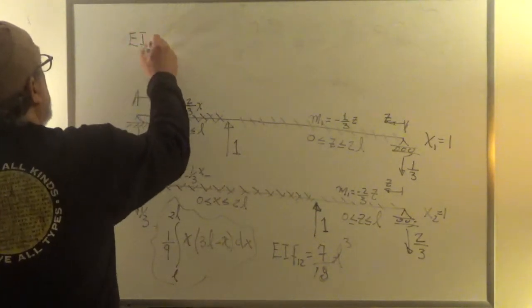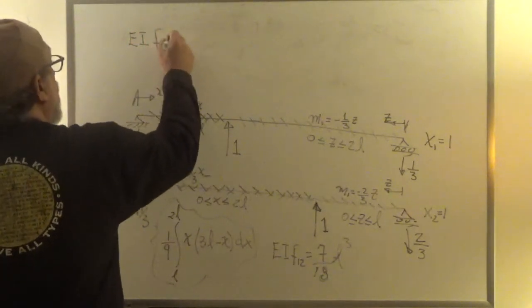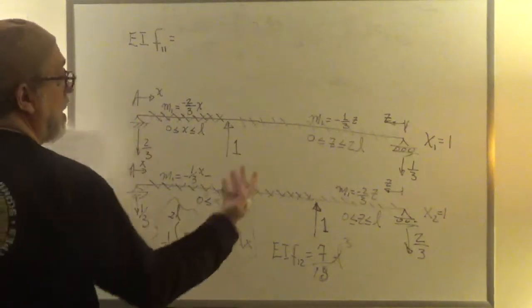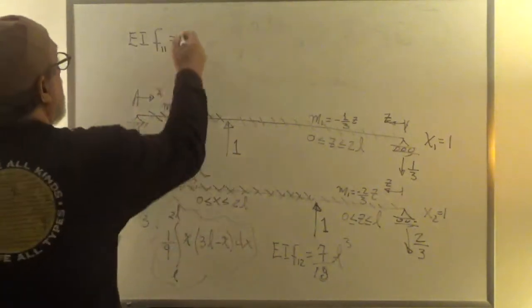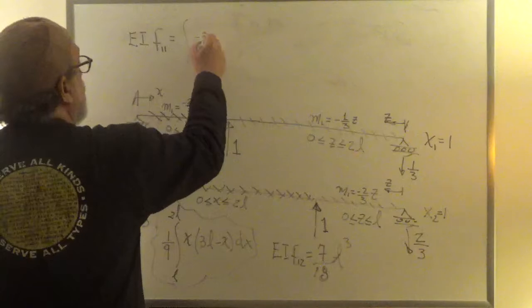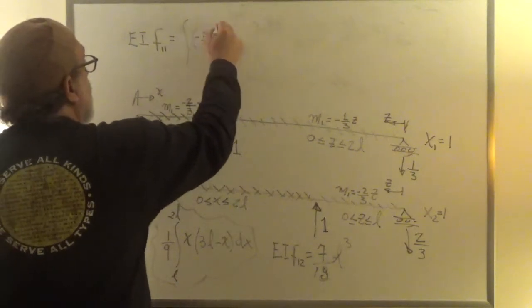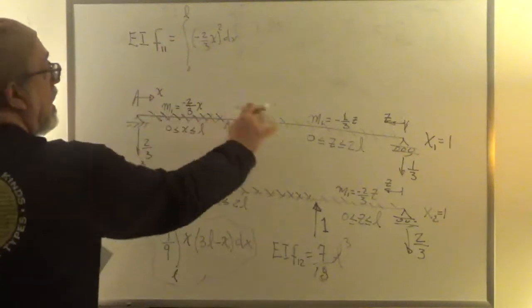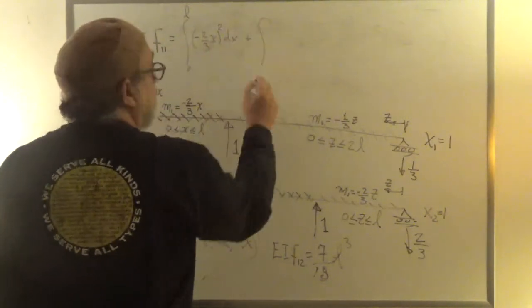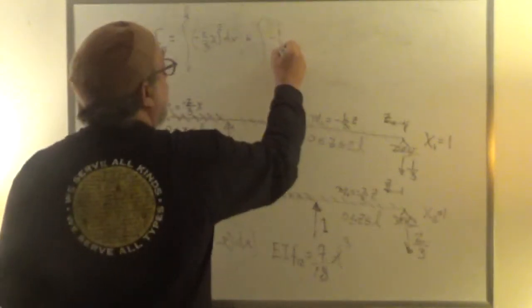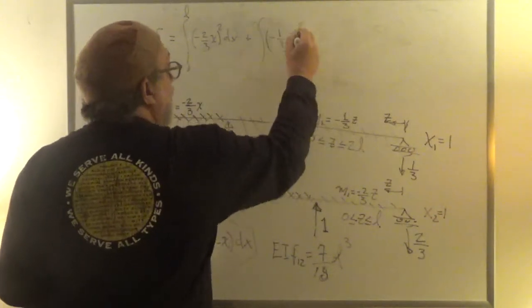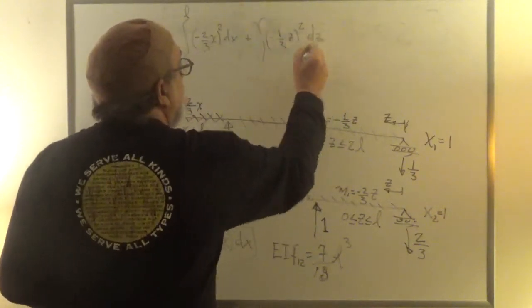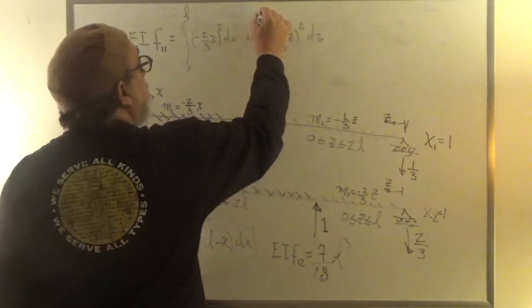But anyway, so we have EI F11, which would simply be sketch 1 times sketch 1, right? So it would be minus 2/3 of x squared dx from 0 to L, right? And then plus the integral of minus 1/3 of z squared dz from 0 to 2L, right?